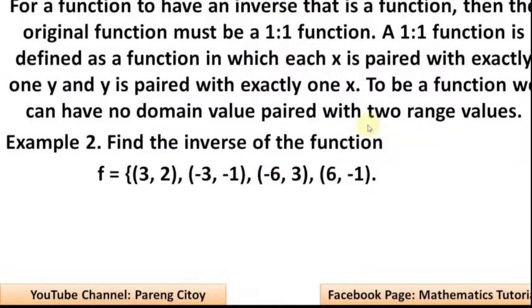Okay? Next, for a function to have an inverse that is a function, the original function must be a one-to-one function. A one-to-one function is defined as a function in which each x is paired with exactly 1 y. Remember, exactly 1 y.